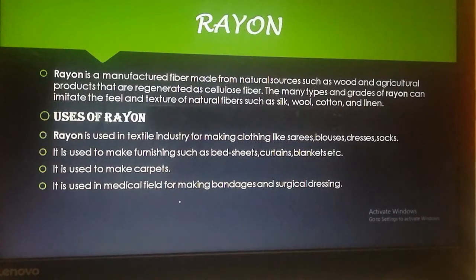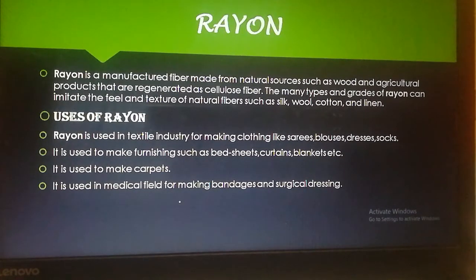It is made by the chemical treatment of wood pulp and was the first synthetic fiber. It is cheaper than silk and can be woven like silk fiber. So rayon is also called the poor man's silk because it is similar to silk but cheaper than it.